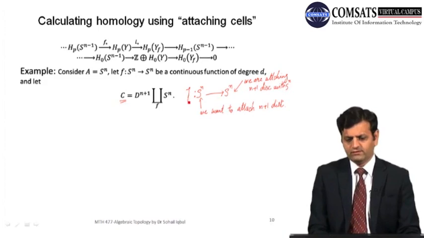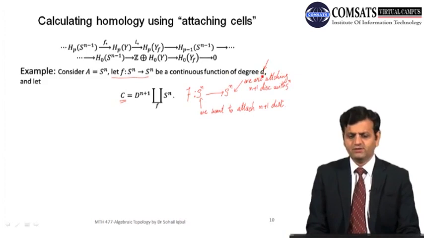So we need a continuous function from Sn to Sn. If we have a continuous function, and this is a very special continuous function, we take the degree of this continuous function to be d.